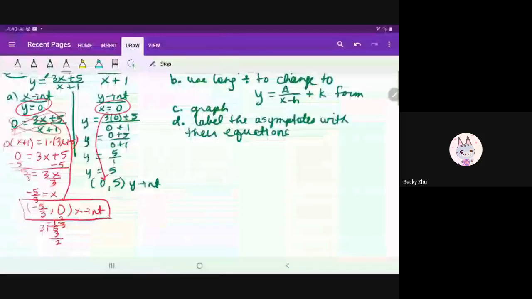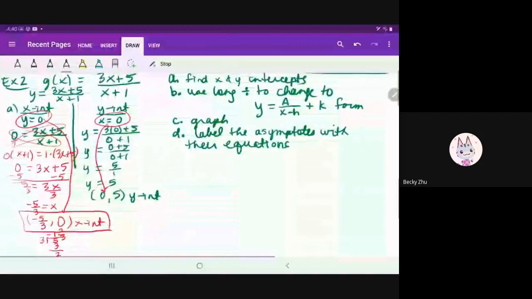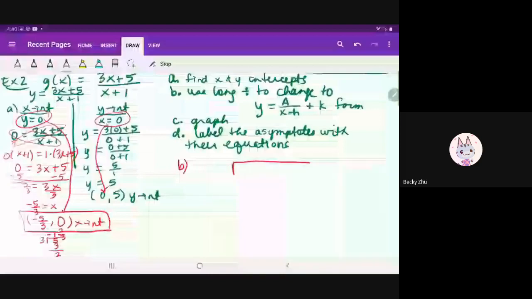Okay, so part B. Part B says use long division. Okay, so which one goes in the front of the long division sign? Which one goes in the front and which one goes on the inside? So let's start with the front. Which one goes in the front?